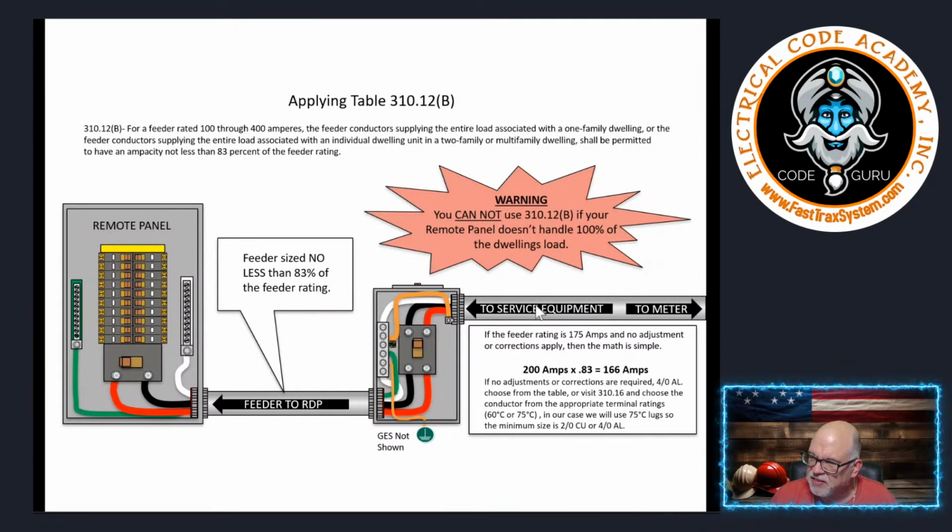If this is a service coming in and this is the feeder, and this feeder is seeing 100% of the load, and obviously it is, everything in this panel is going to be going through this feeder, then we're allowed to apply the 83% to the feeder application as well, for these conductors. Same rules apply.